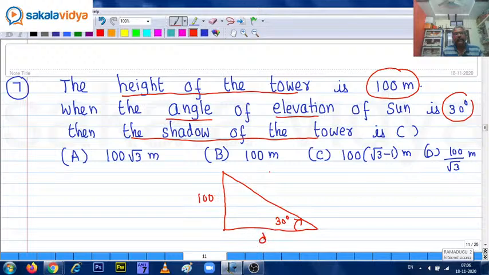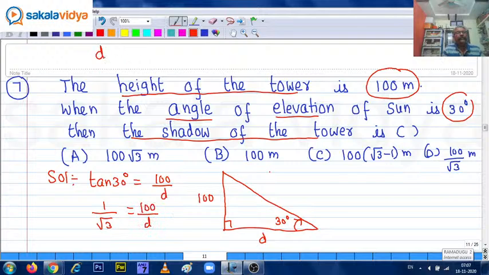This we need to find out, D. Write down tan 30. Tan 30 is opposite by adjacent, 100 by D. Tan 30 degrees is 1 by root 3 equal to 100 by D. By cross multiplication, D is equal to 100 root 3. D is nothing but the shadow of this tower. Answer is A.